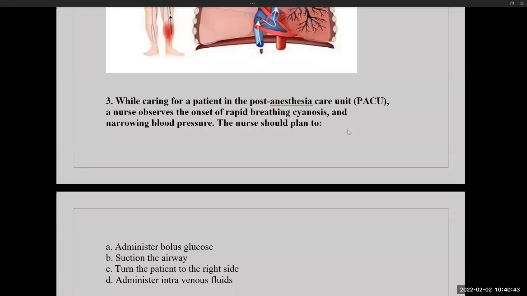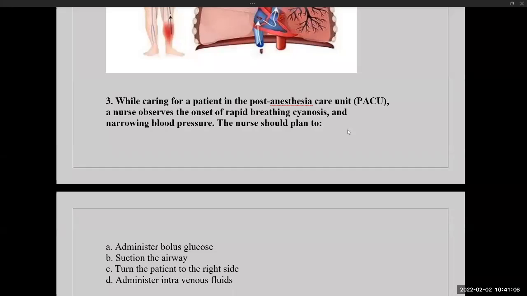Fine. So the airway needs to be assessed, the level of consciousness needs to be assessed, and you can suspect that the patient may develop respiratory obstruction. Throughout the immediate postoperative period, in the recovery period, you need to monitor respiratory rate and coughing ability, and you need to provide a lateral position for this client.